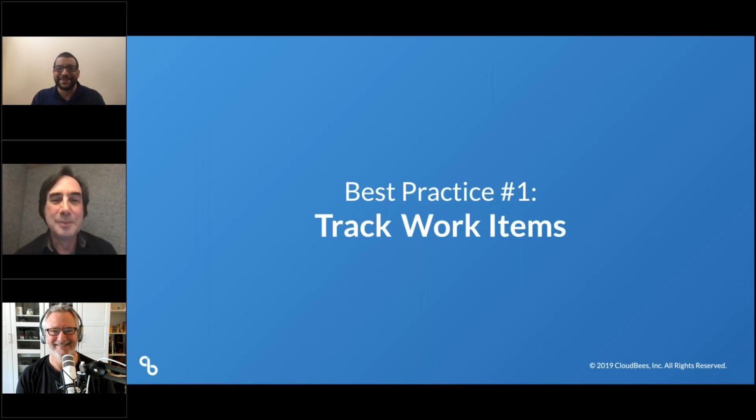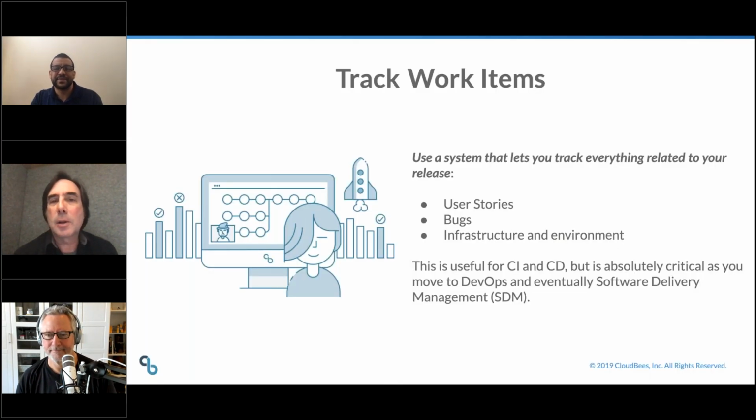So thank you, Brian. Let's go through our best practices, the highlights of them at any rate. The first one, not controversial, is that you should track your work items, and that covers everything that's user stories, requests for enhancements, bug reports. Also, you should keep in mind definitions of your infrastructure and environments.